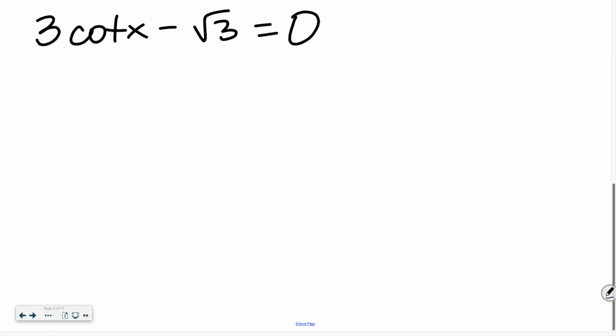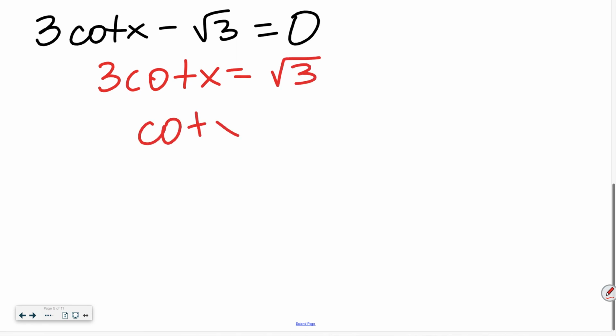Brecken, what was your first step? I added radical 3. Mia, what'd you do after that? So we have the cotangent of x equals radical 3 over 3. On the unit circle, there are 2 places where the cotangent is radical 3 over 3. What are they?